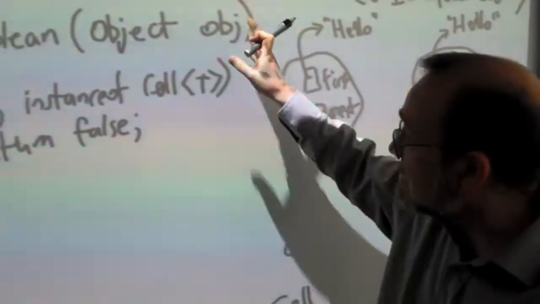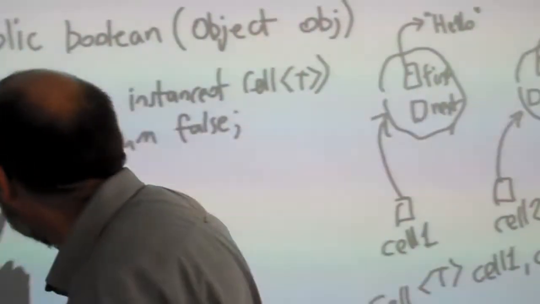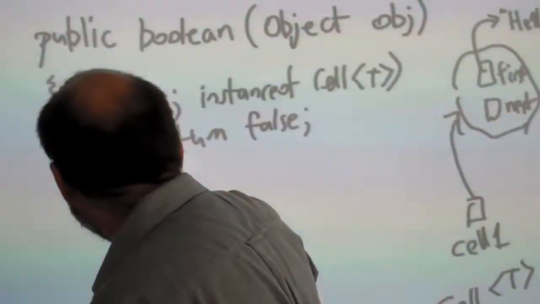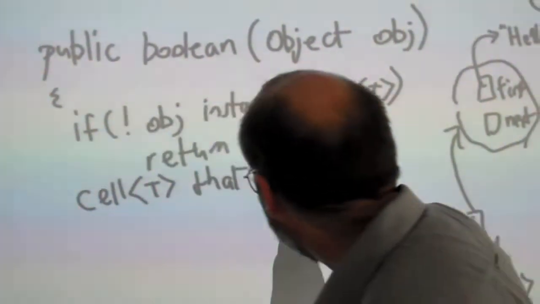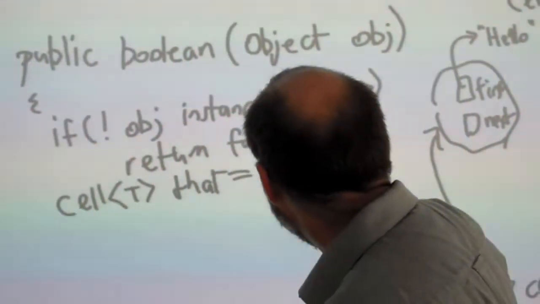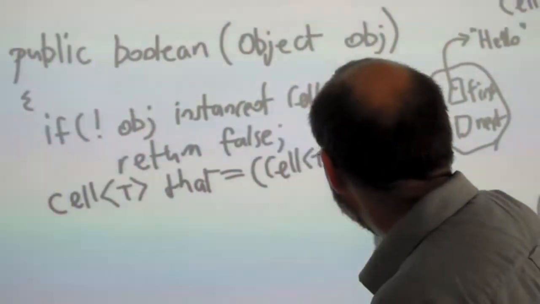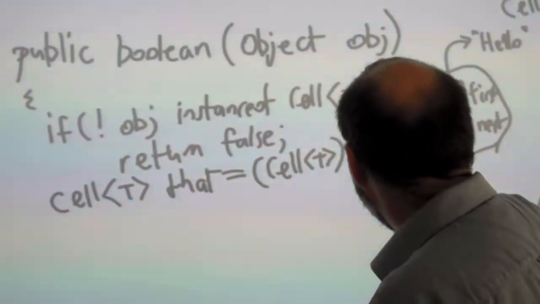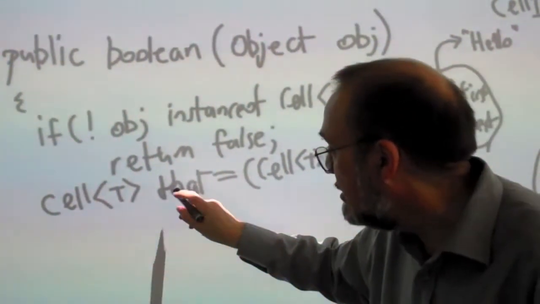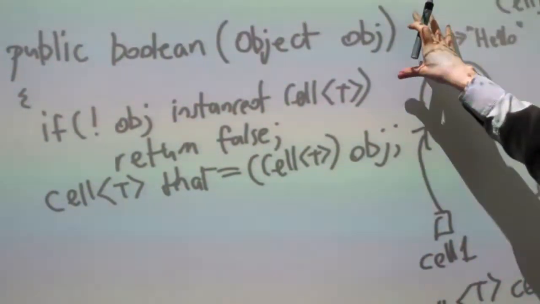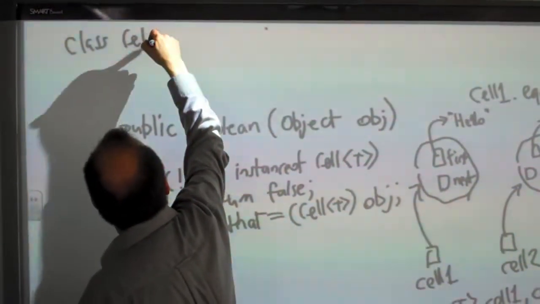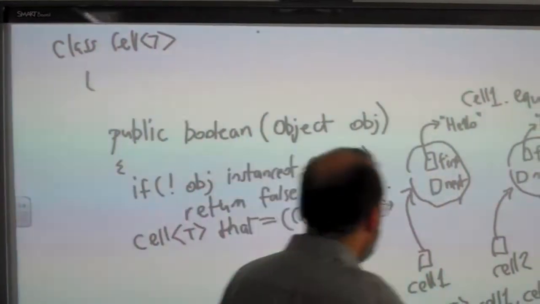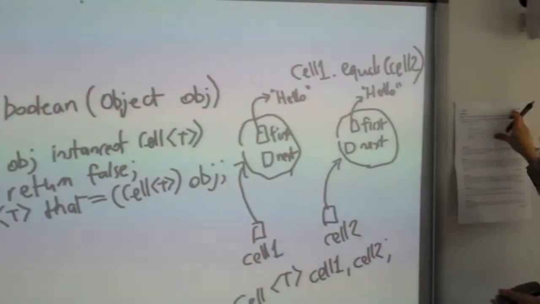Now we need to cast this to make it into a Cell, using a variable name, so that we have an object of the same type as the one it's being called on. Remember, this is inside class Cell. We're adding this to the class Cell which was given on the paper.